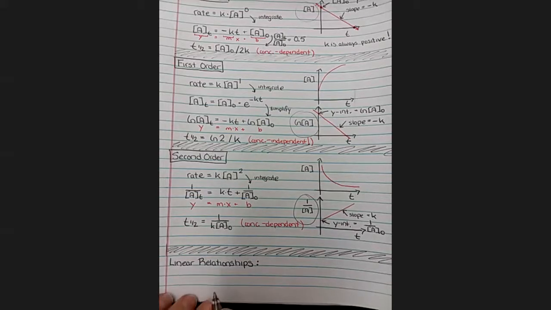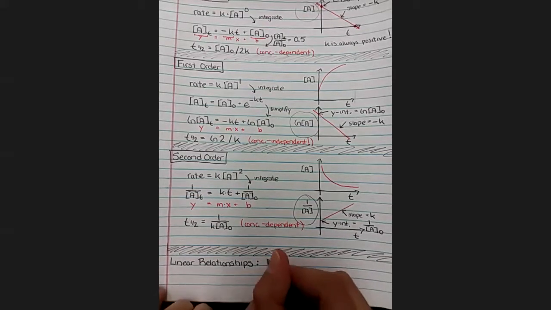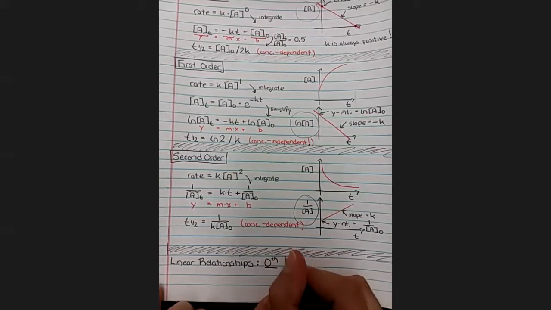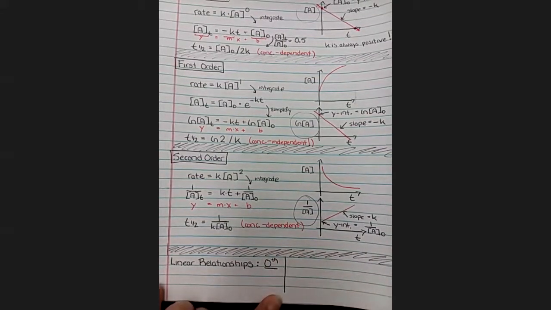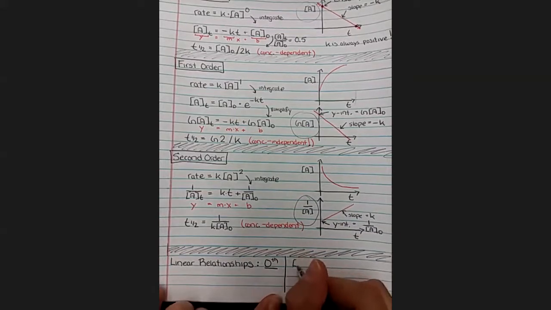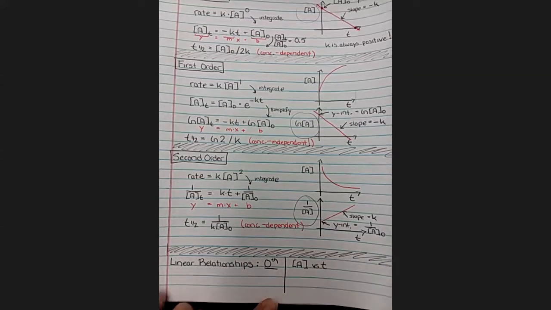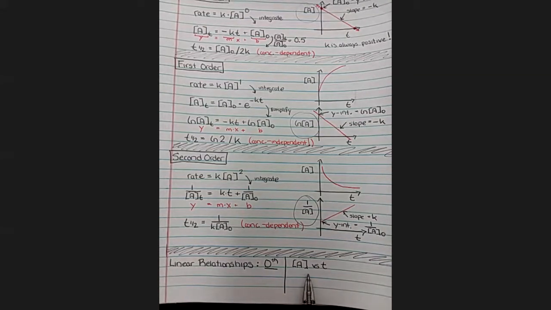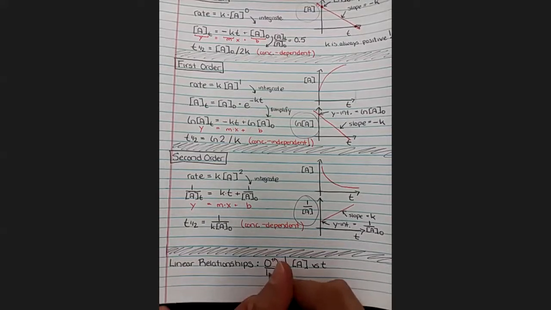So let's just summarize that down here so that we can remember for future problems. If we have a zero order, we will get a linear relationship for concentration versus time. So if we plot the data as it's given and it's already aligned, life is good, and it's a zero order reaction.